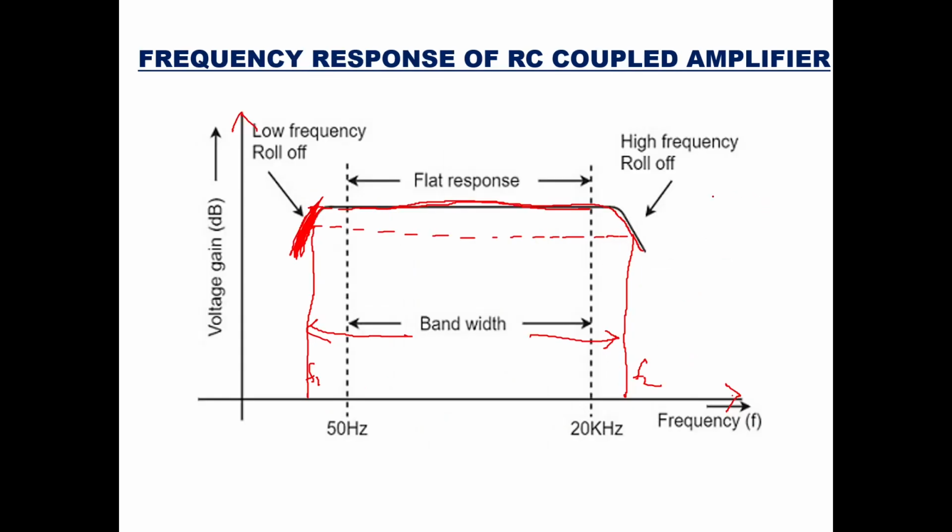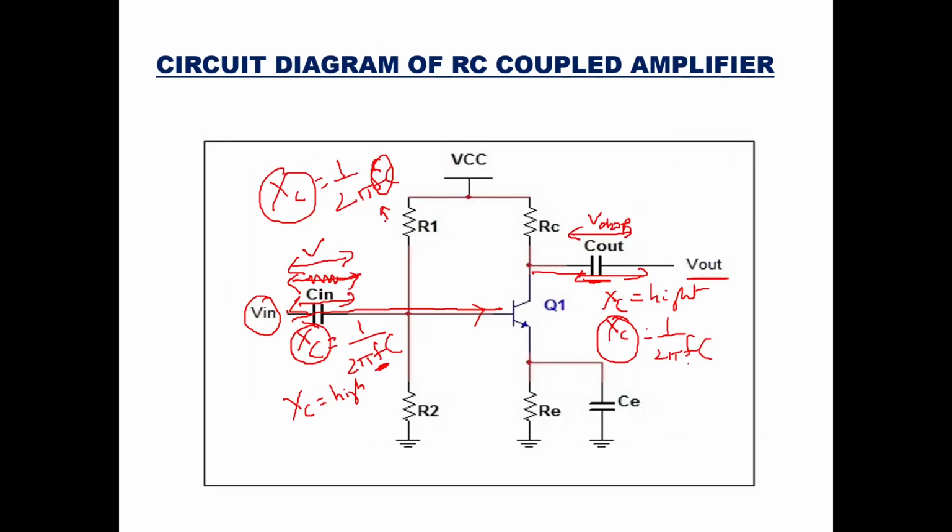Similarly, if you come to the high frequency, you can see again the voltage is decreasing. Why? Because when it is very high frequency, you will get something called inter-electrode capacitance, which will come into picture only when the frequency is very high.